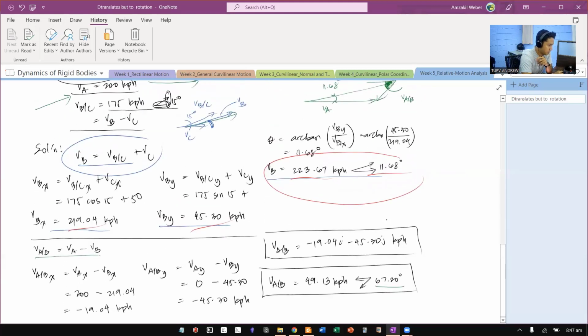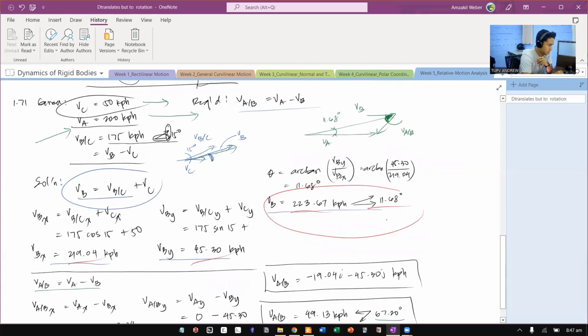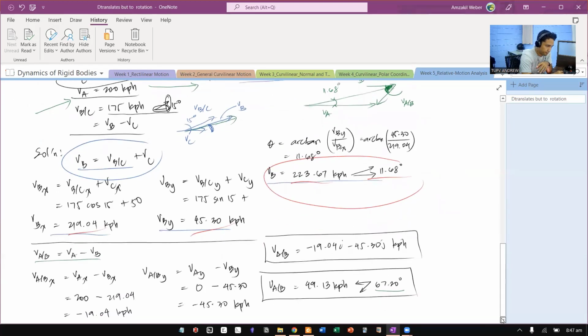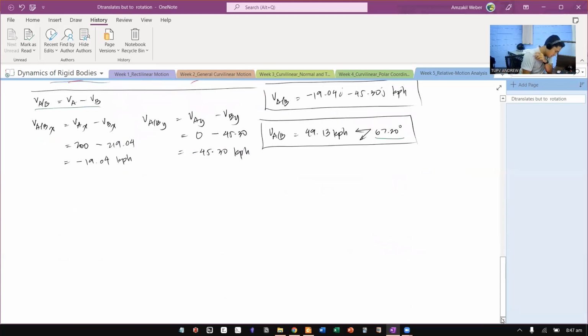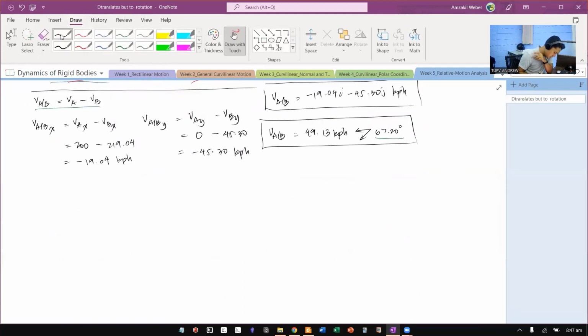VB, VB/C 175, and VC 50. So using the vectorial approach.